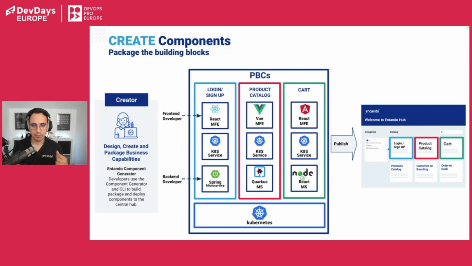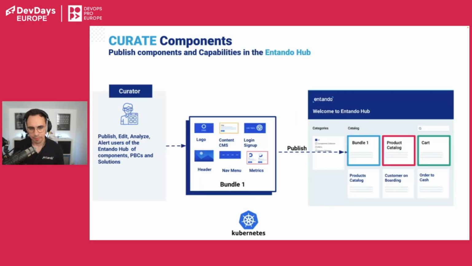It's something I can use in my application, but also my colleagues or another application can reuse it or create a new component from it. So my goal is to code everything, make it all available and cloud native to work on Kubernetes, and publish that on the hub. The curator's goal will be to analyze and check everything, and to be in relationship with the creator, giving some feedback.